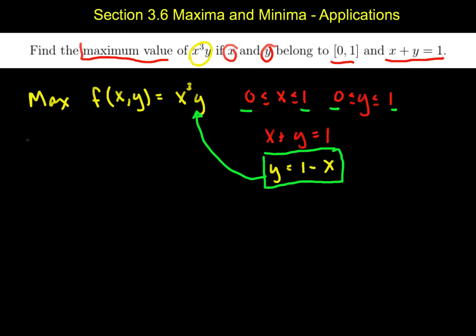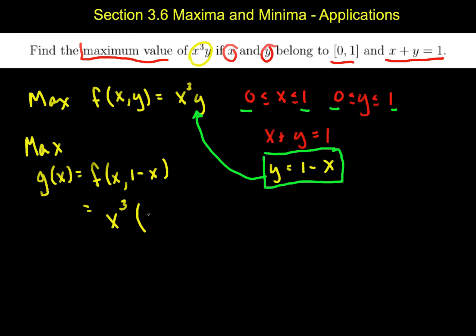We really want to maximize, and I'll give it a new name, g of x, which is f of x with y replaced with 1 minus x, which is equal to x cubed times 1 minus x, or simply x cubed minus x to the fourth.